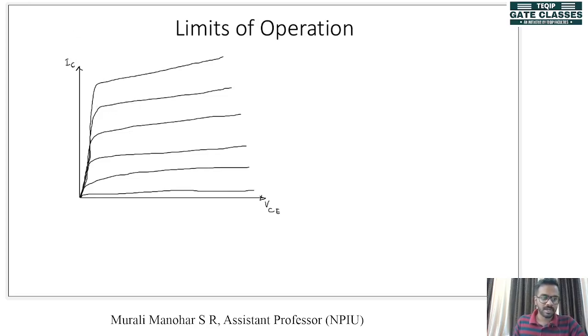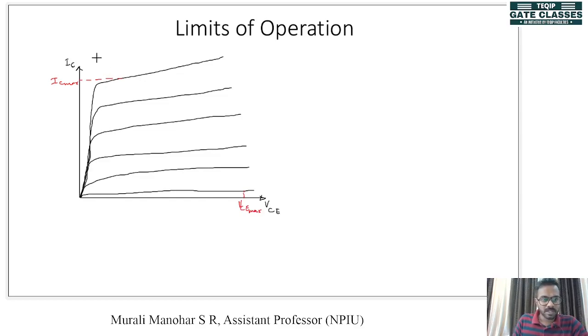Now we know that any electronic component will have a maximum limit on the current. So IC has a maximum limit, and that maximum limit is called IC max, the maximum collector current. In a similar way, there is a maximum voltage we can apply across this transistor. It is called VCE max.